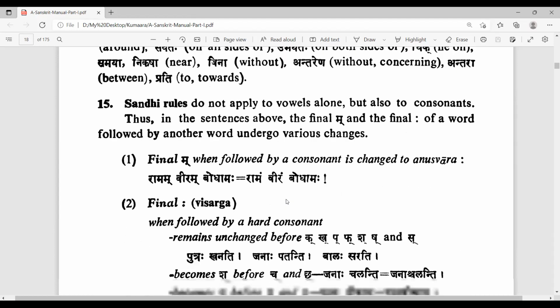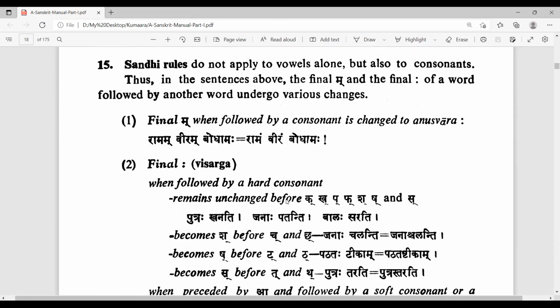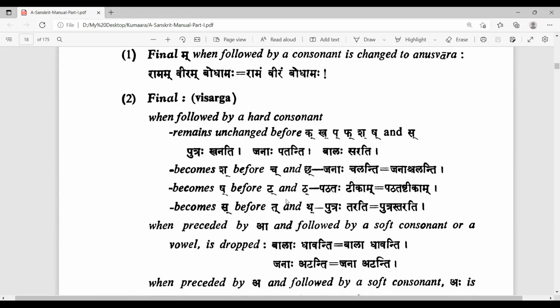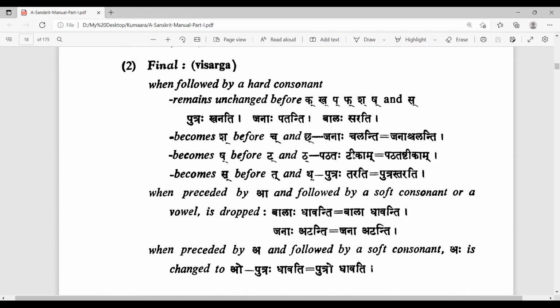And Sandhi rules. We know this. Padanta Makara will become Anuswara, number one. And when followed by a hard consonant, the third letter, what will happen to the Visarga? We know this. Visarga will become Sakara if it is followed by that letter. Anati, there it becomes Sakara.